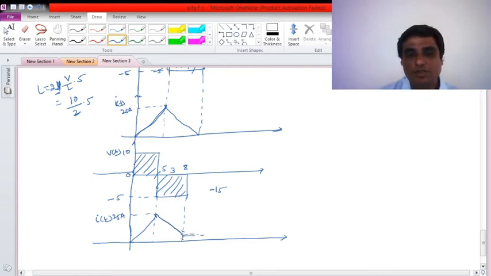It will not be 0, because if I apply this much volt-second to charge the inductor, only if the same amount of volt-second is applied in the opposite direction will the current through the inductor become 0. Otherwise it will remain, and the current will be constant, at this much. This way the inductor can be charged and it can be discharged.